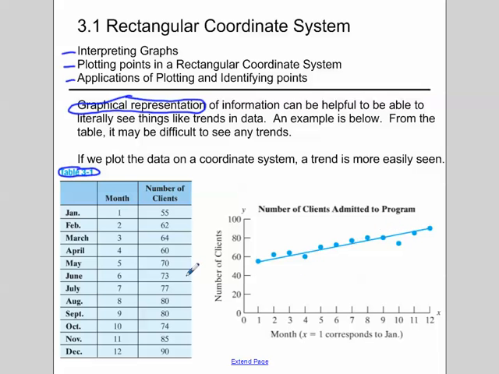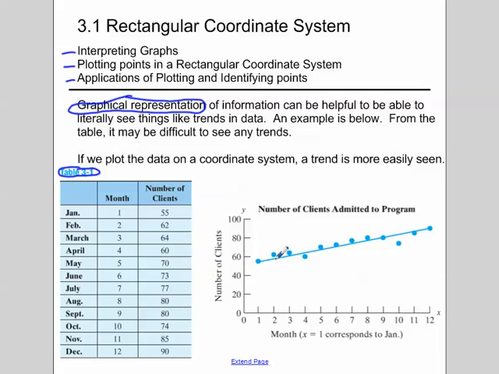That's why it's important to know how to set up a graph and how to get information from a graph into a table, or vice versa, from a table into a graph. That will help us analyze some of the data, especially in Math 141, like I mentioned.